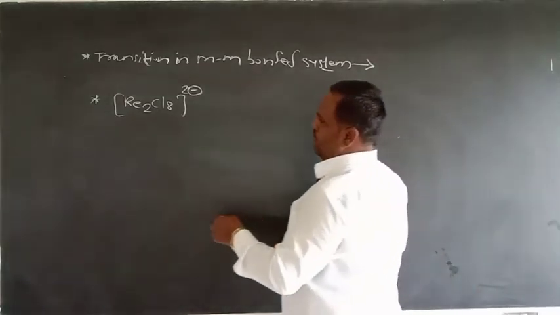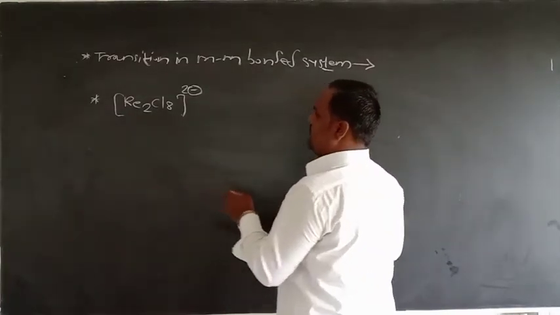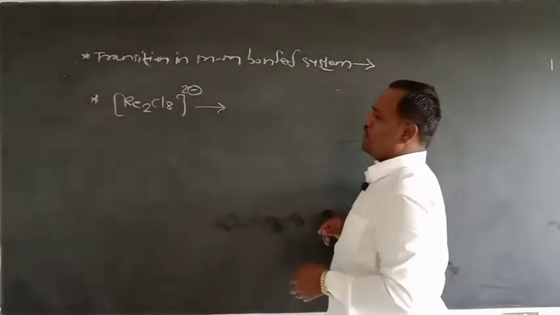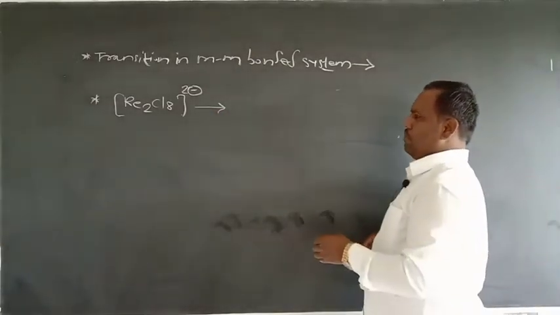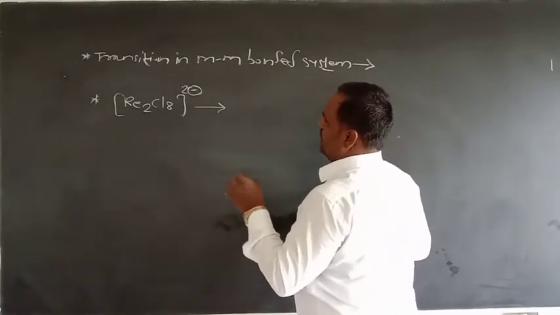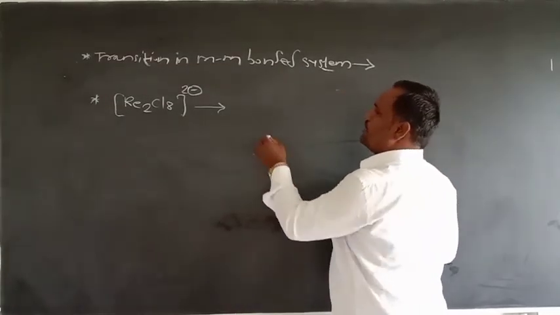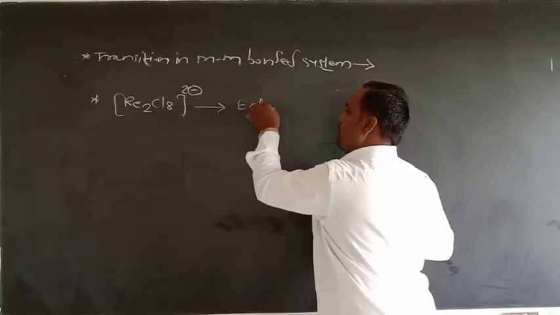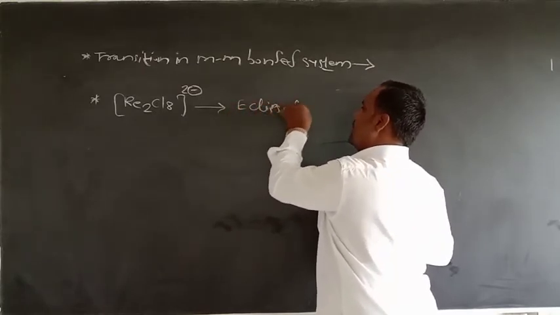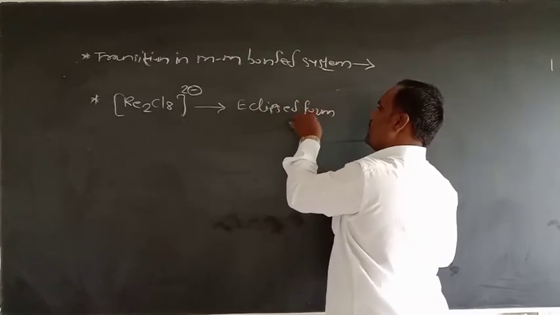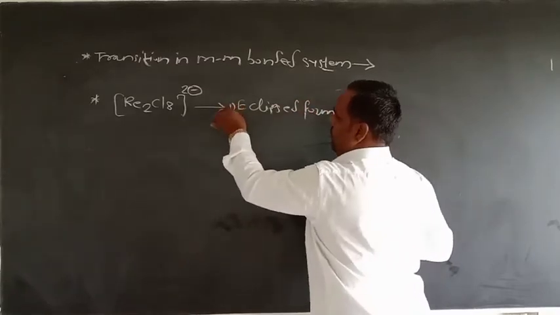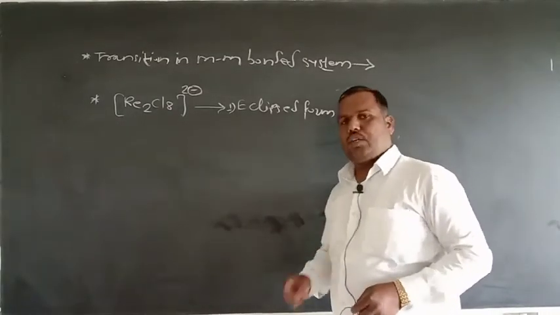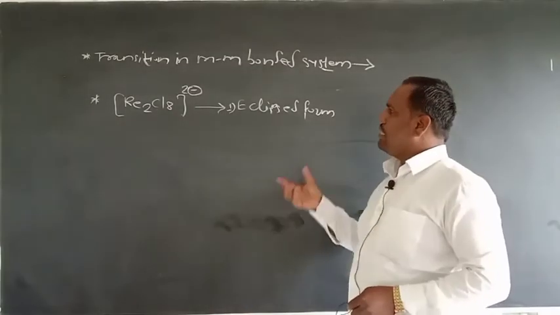If we consider the structure of this complex Re2Cl8 2 minus ion, it is observed in eclipsed form.